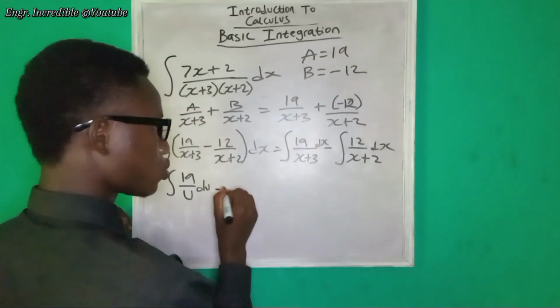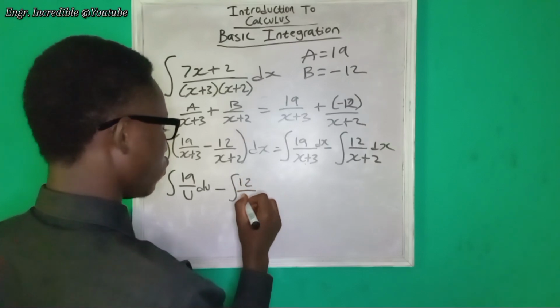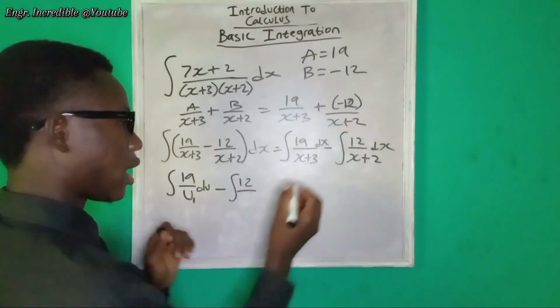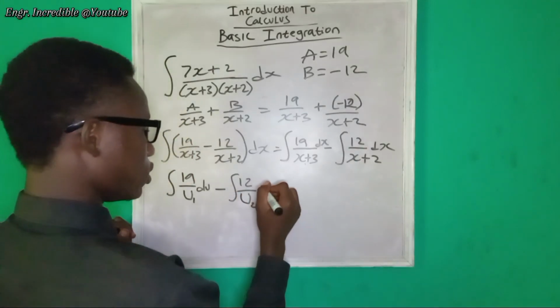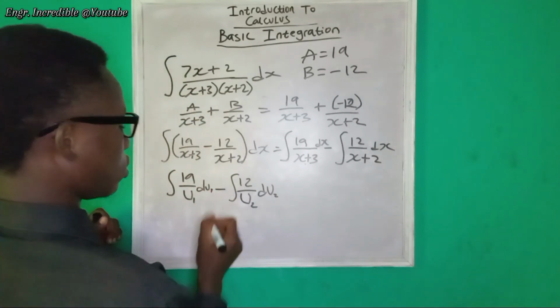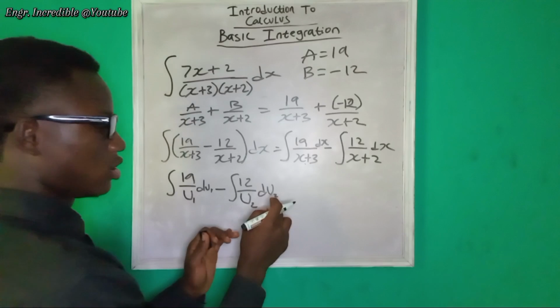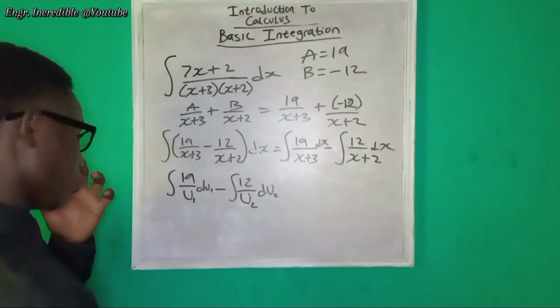Then minus another integral of 12 over our x plus 2 here, which is u2. I use u1 and u2 so that we can know which is for which.